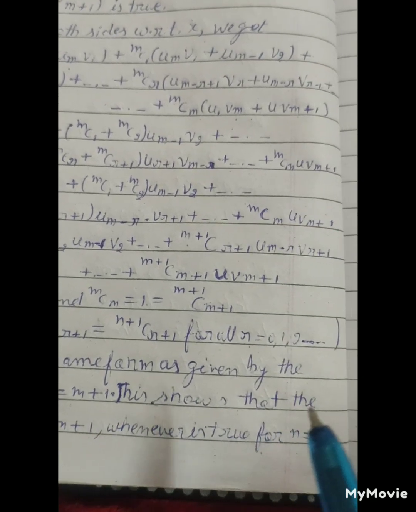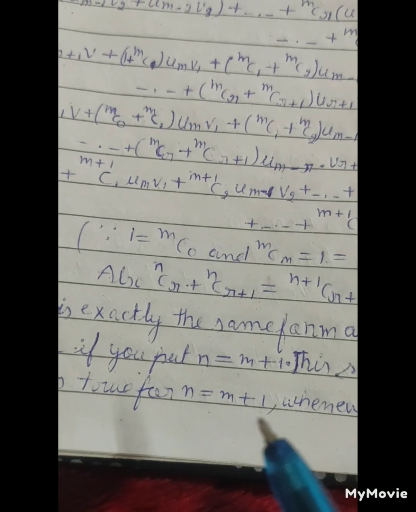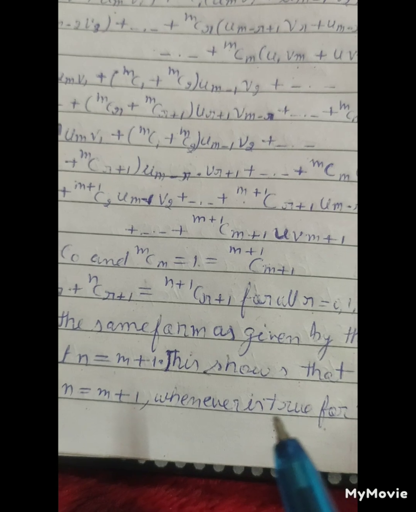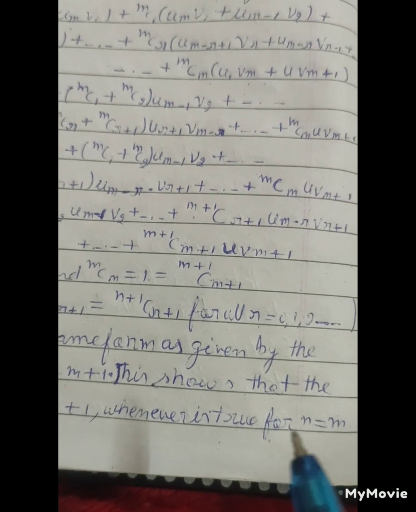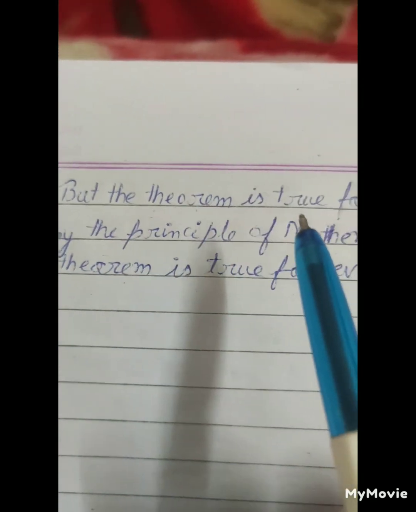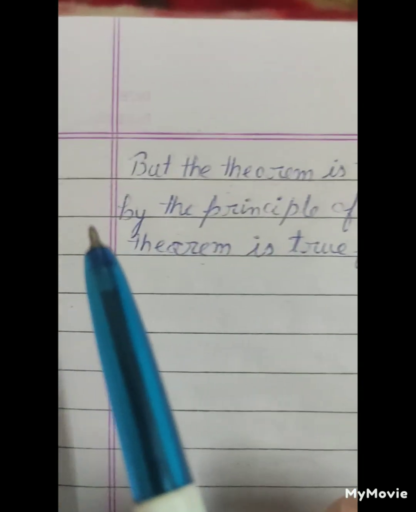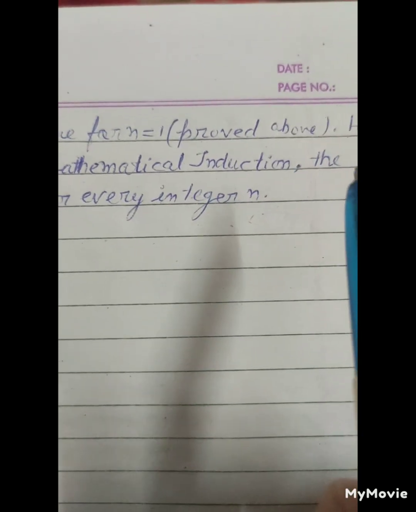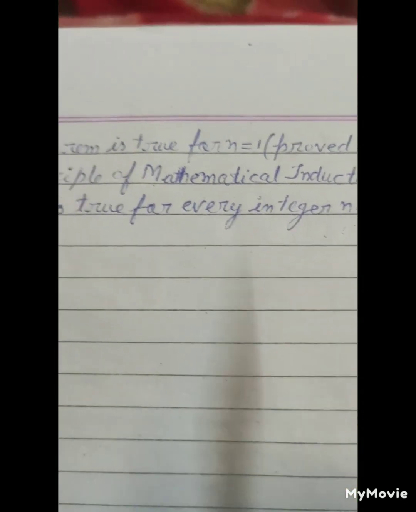This shows that the theorem is true for n equals m plus 1 whenever it is true for n equals m, but the theorem is true for n equals 1, proved above. So by the principle of mathematical induction, the theorem is true for every integer n.